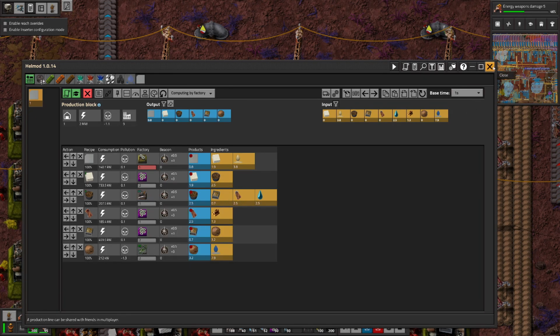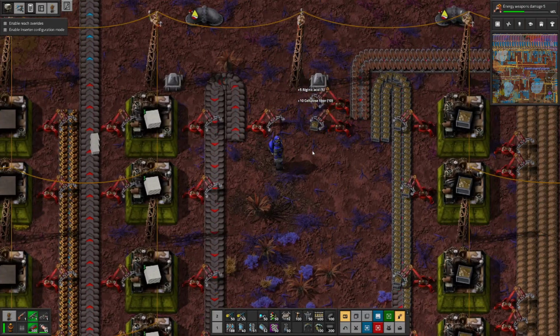It uses a liquefier now and requires water as an input.